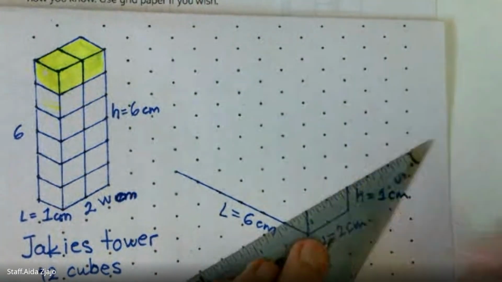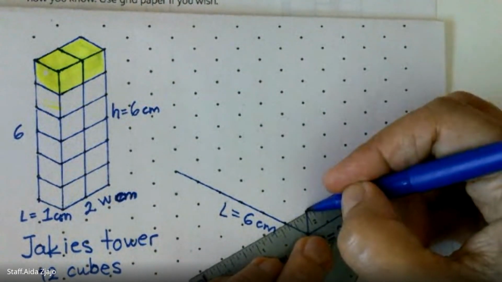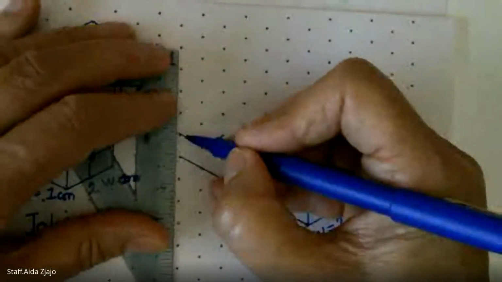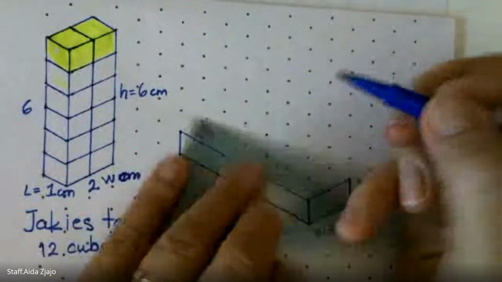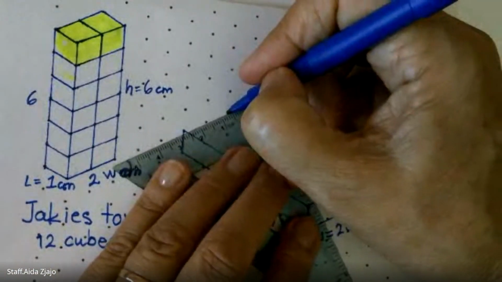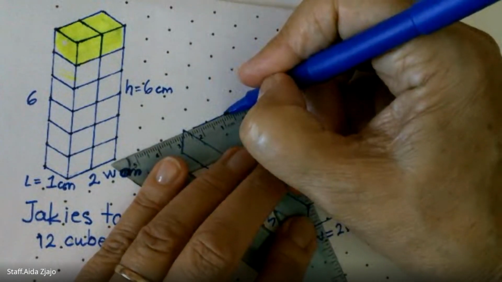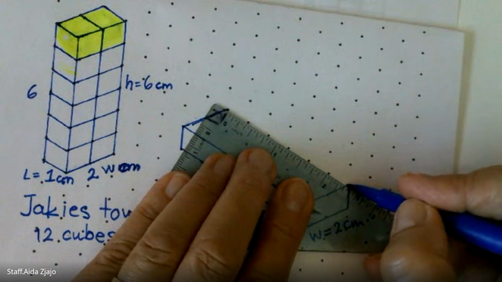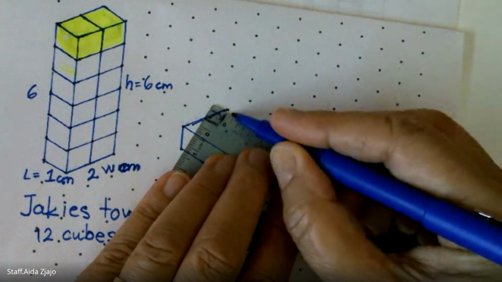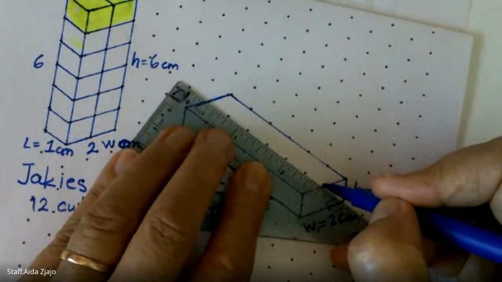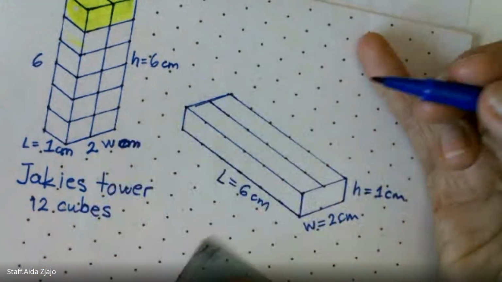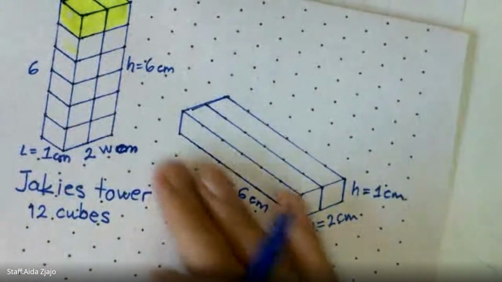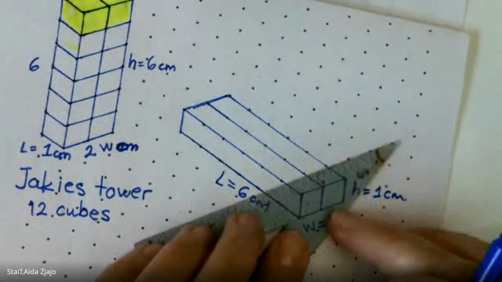So now when we connect these, this is how it looks. Ron's shape lays down and has a bigger base, and Jackie's is standing on a base of 2 cubes, and his shape has a base of 6 cubes.